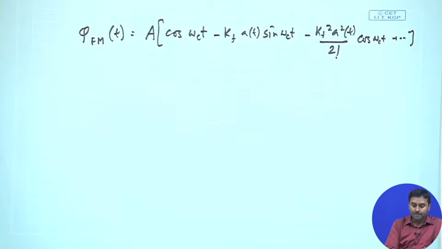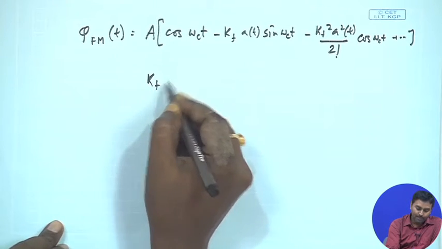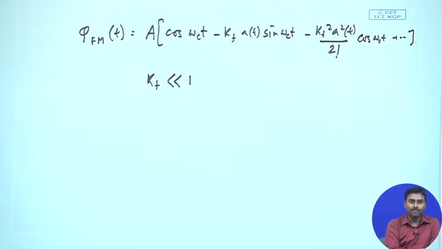Okay. Now initially people started saying that we want a very small deviation, and that will create a narrowband FM. At that time people were thinking that narrowband FM means it is almost 0 bandwidth, so that del f will be 0. With that understanding we say that kf will be much smaller than 1, a very small value of kf.